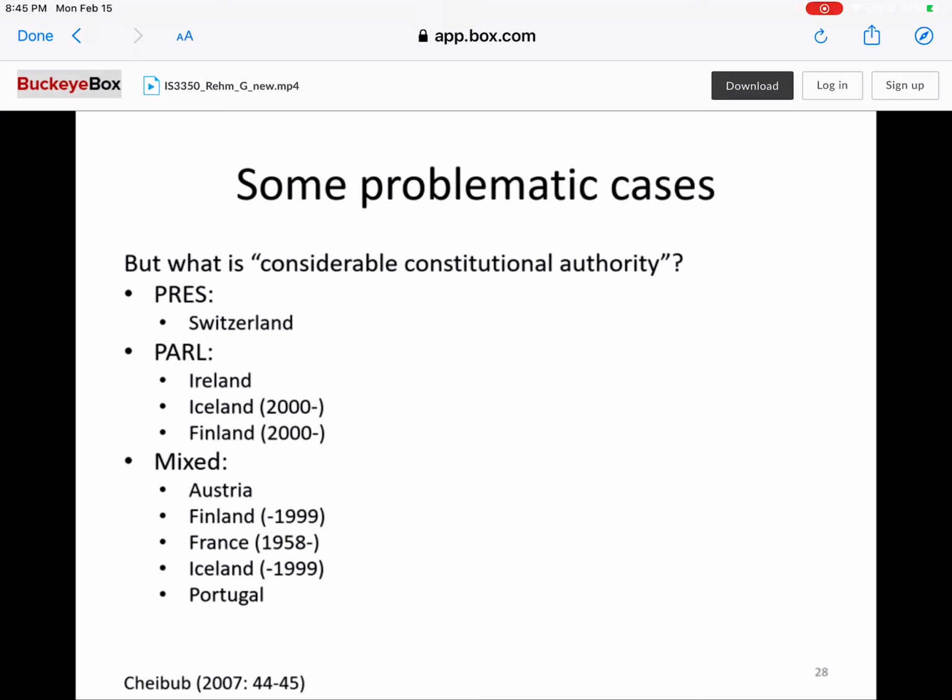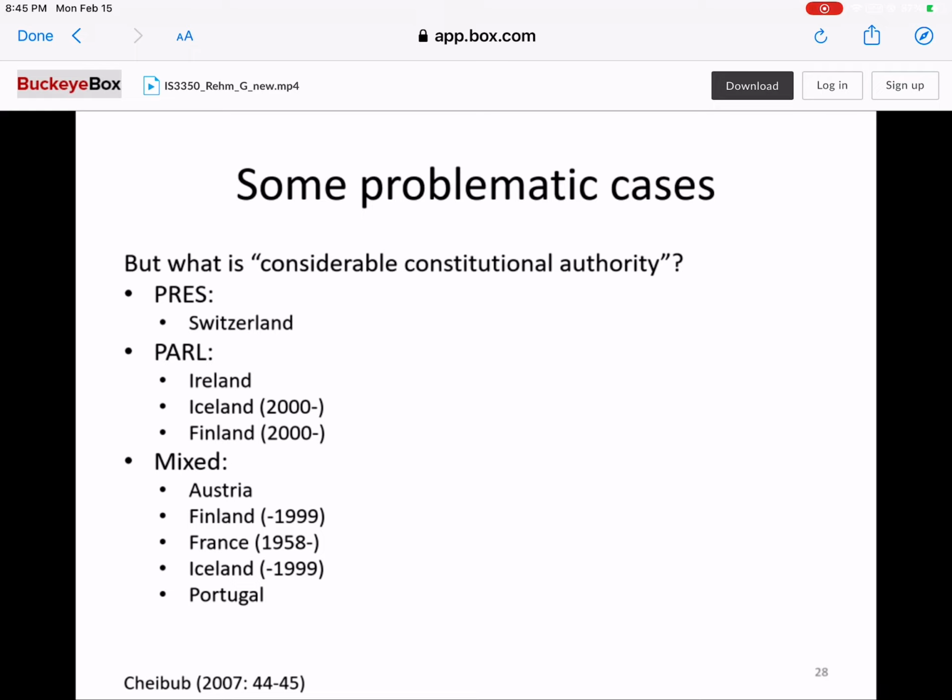Other problematic cases are Ireland, Iceland, and Finland, which some authors would call parliamentary systems, others would call them mixed or semi-presidential. And then other mixed systems are Austria, Finland, France, Iceland, and Portugal.